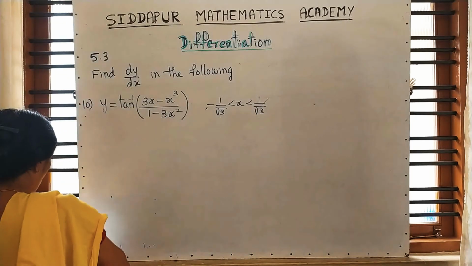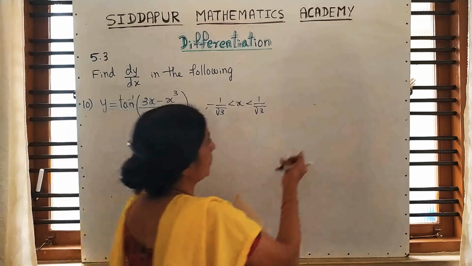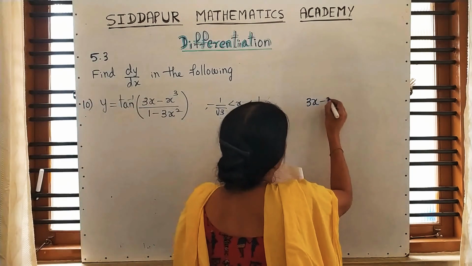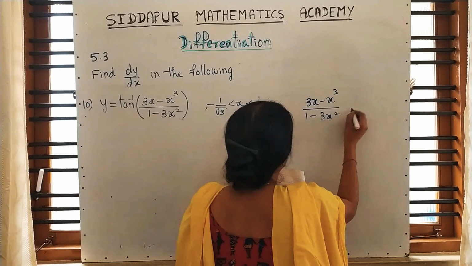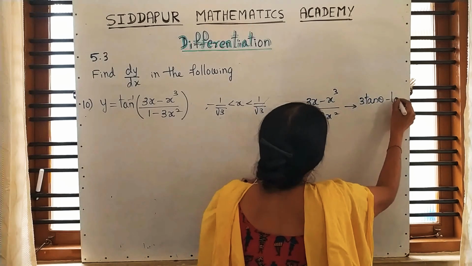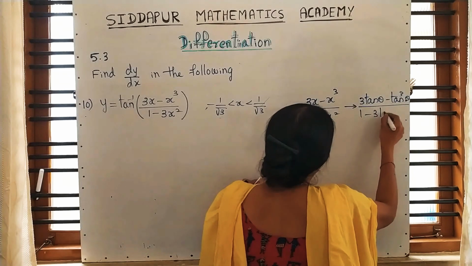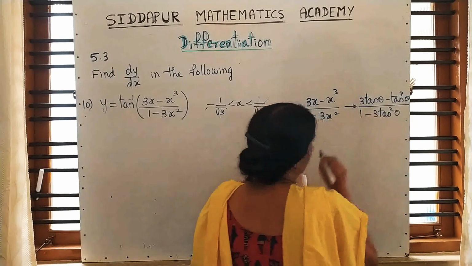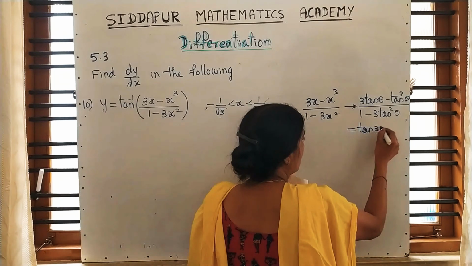See, if you saw that bracket and if you are familiar with the formula, the bracket is in the form of 3 tan theta minus tan cube theta upon 1 minus 3 tan square theta. Have you remembered this formula? That formula is nothing but tan 3 theta.